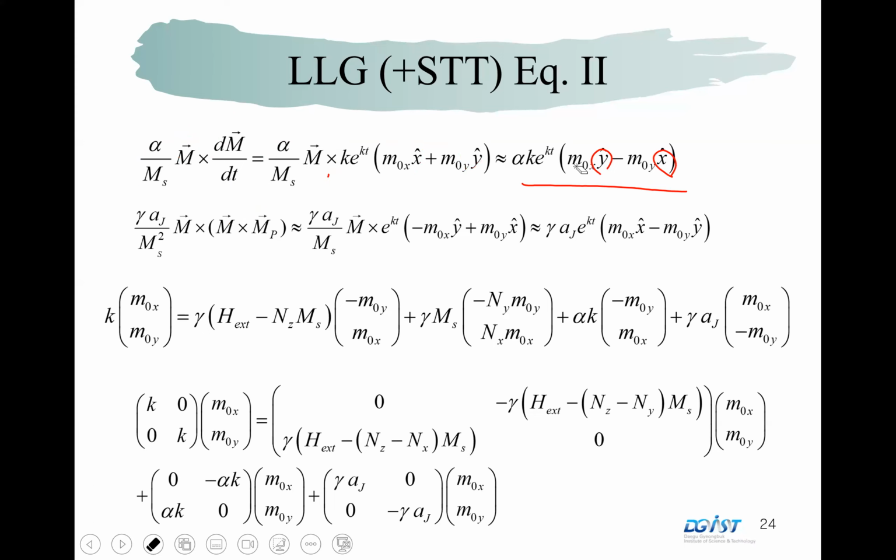Yeah. And how about the spin transfer torque term? We have a triple cross product, and we already assume the mp is only in the g direction. So this large M, the Ms term, can be dropped by this one.